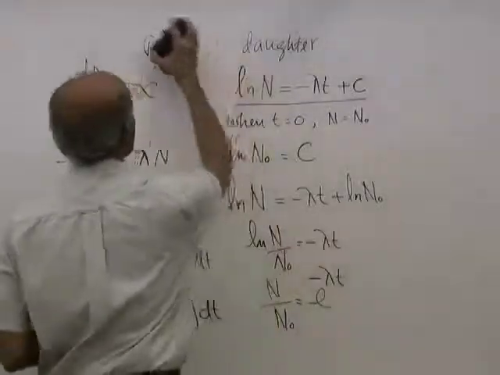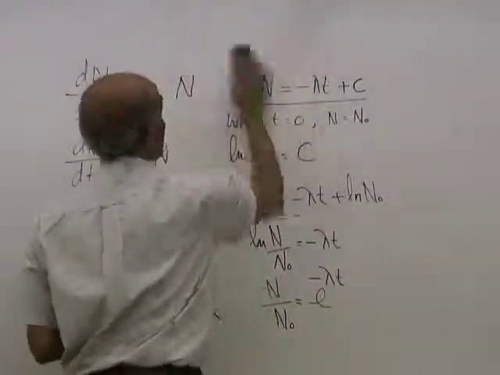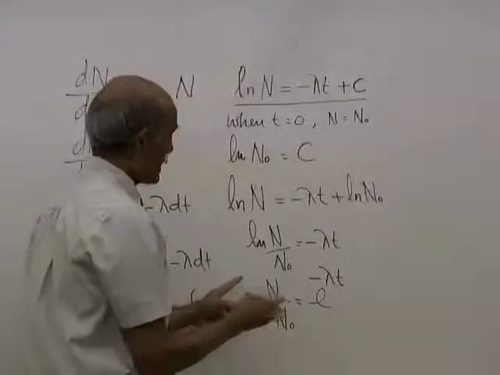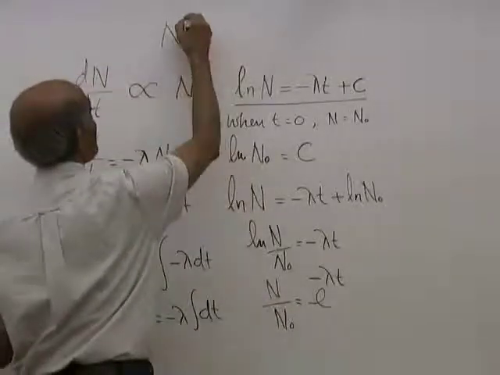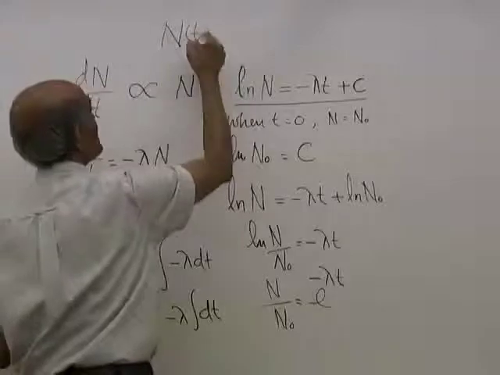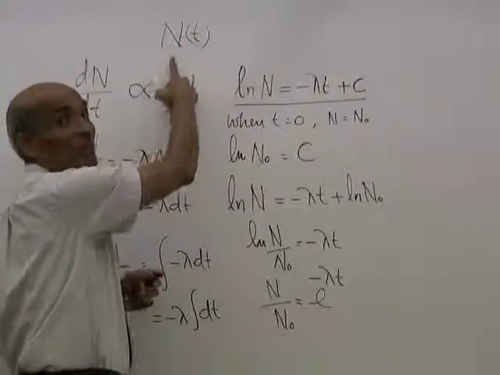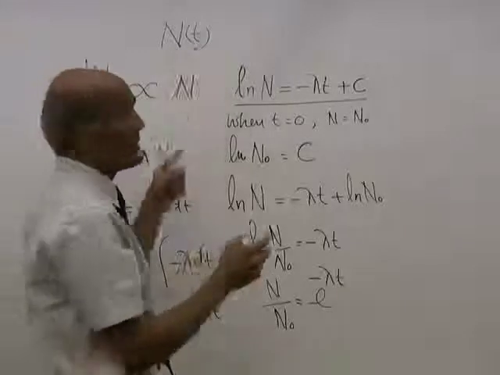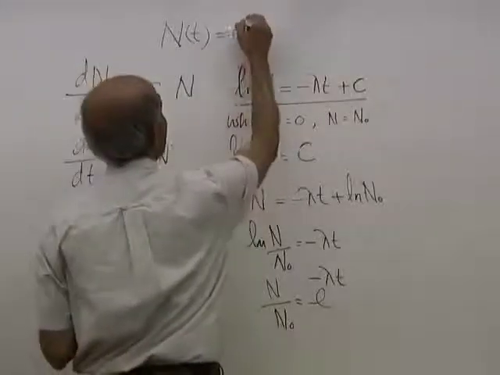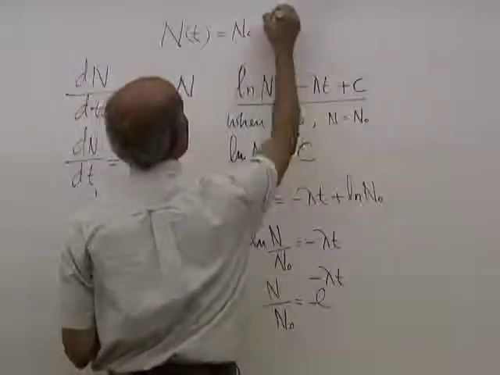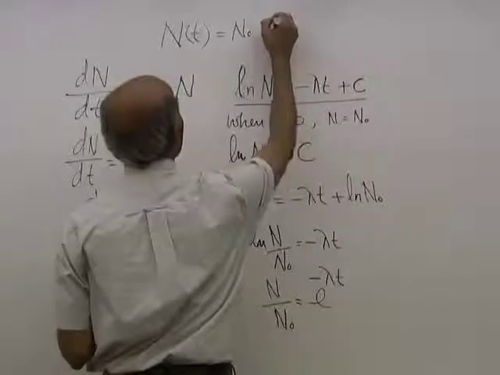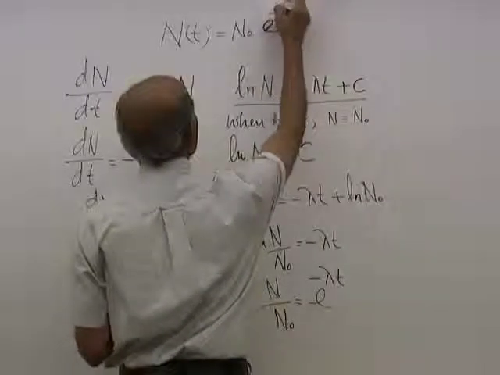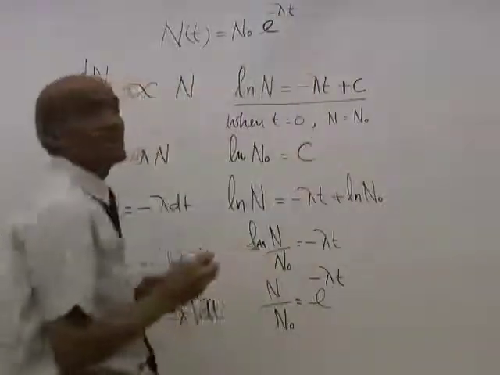I can now write the solution of that equation as n, I'm going to call it n of t, the number of radioactive elements present at any given time, equal to n0 e to the power negative lambda t.